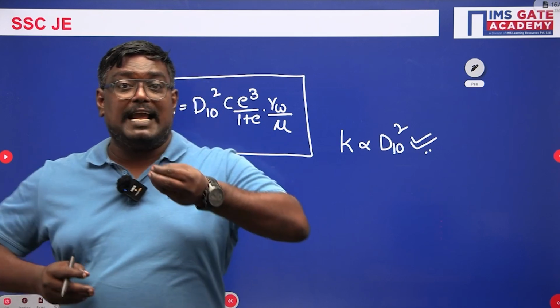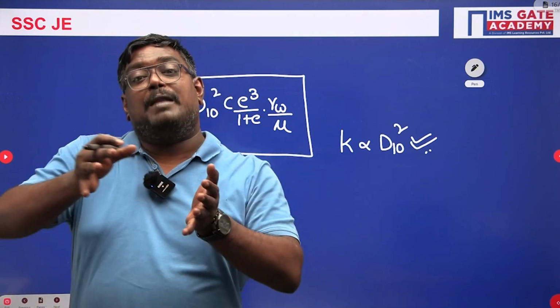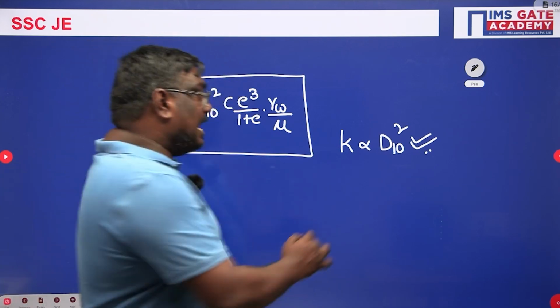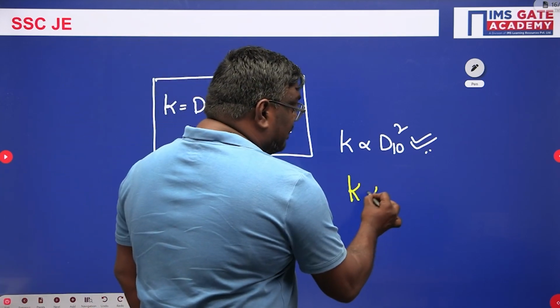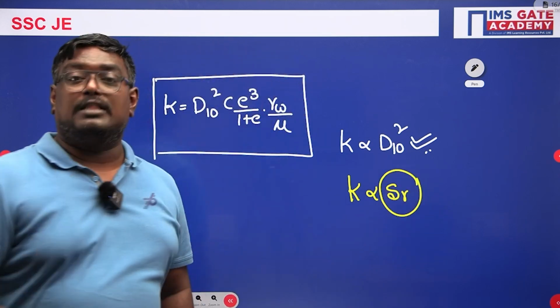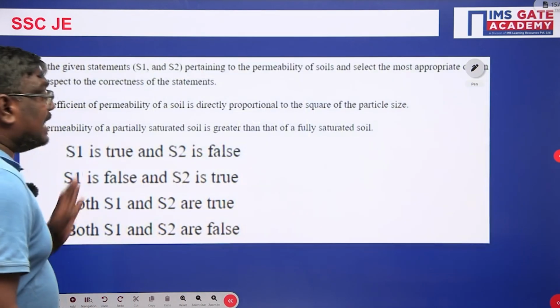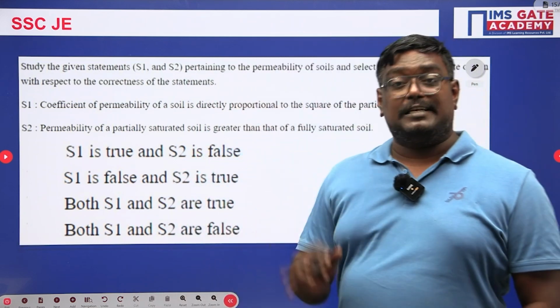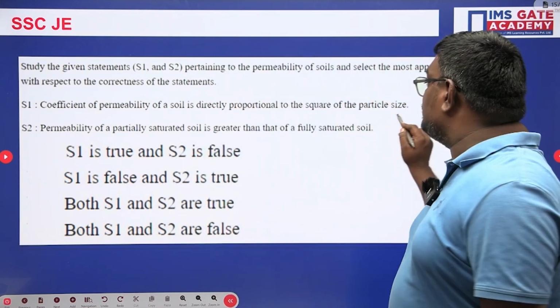So when you are saying passage of flow, more permeability will come in fully saturated soils obviously. So you can say permeability is directly proportional to degree of saturation. More the degree of saturation, more the permeability. So definitely the second statement, that permeability is more for partially saturated soils, is absolutely wrong.